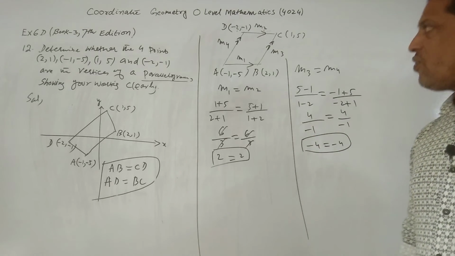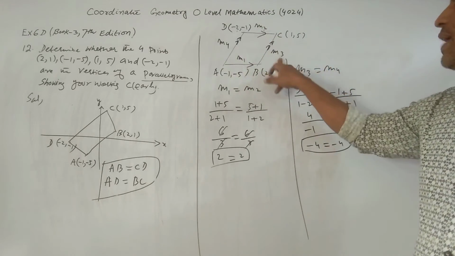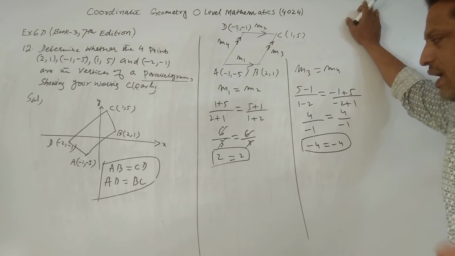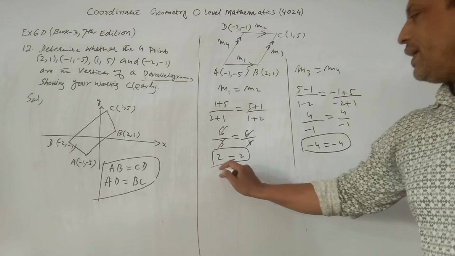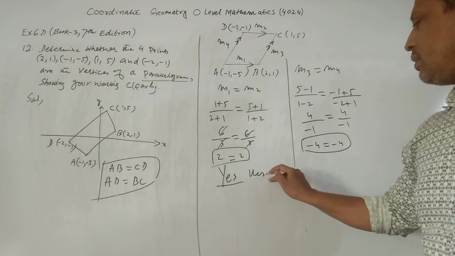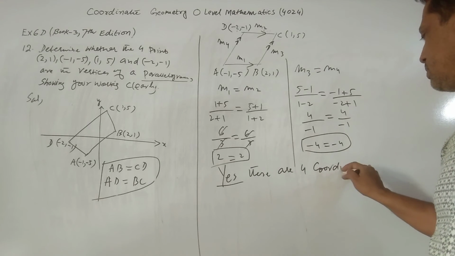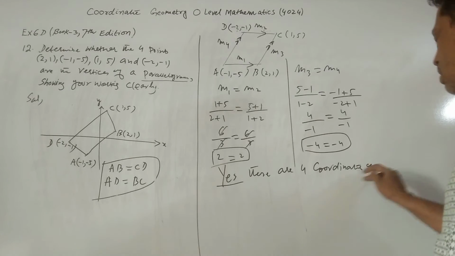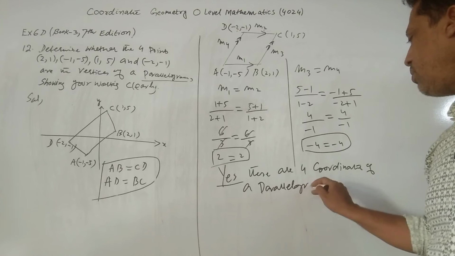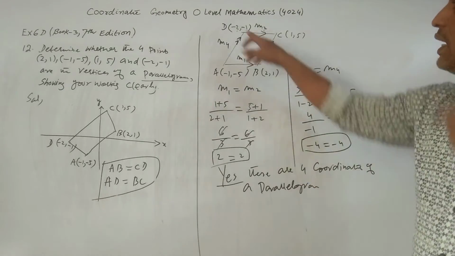Hence, we can say the gradients m1 and m2 are equal and m3 and m4 are equal. Therefore, yes, these are 4 coordinates of a parallelogram. I am sorry students, I just forgot to take a correct point.